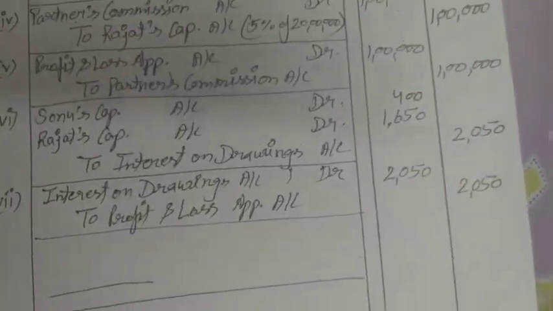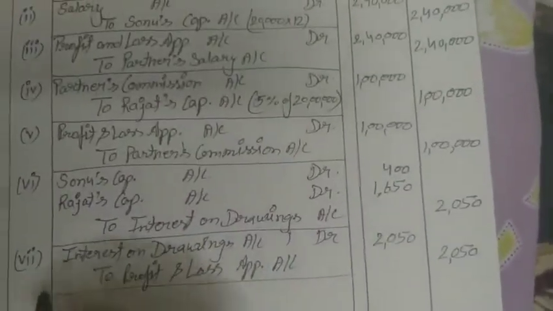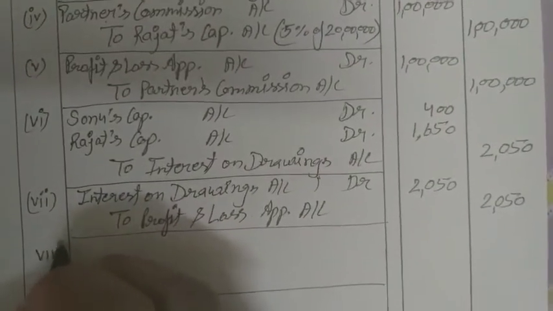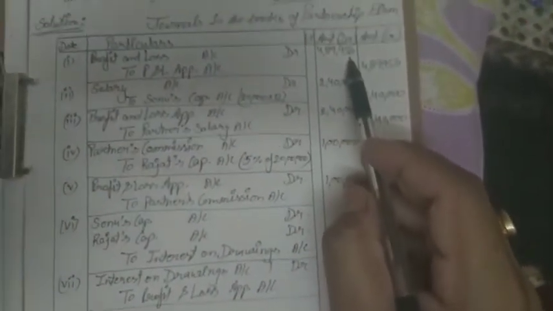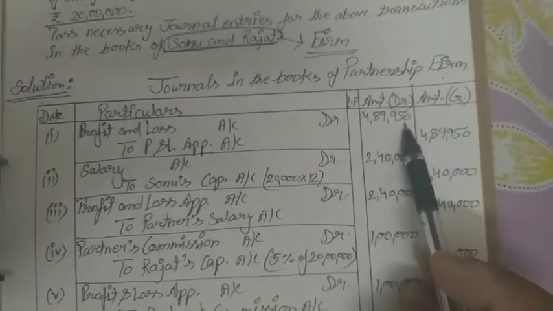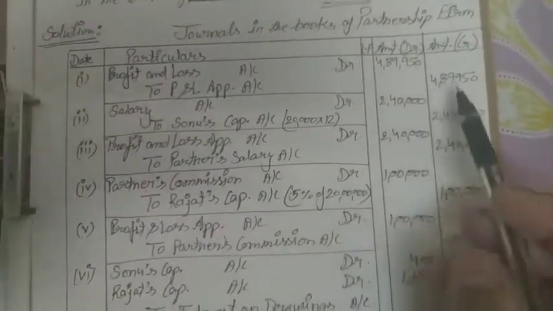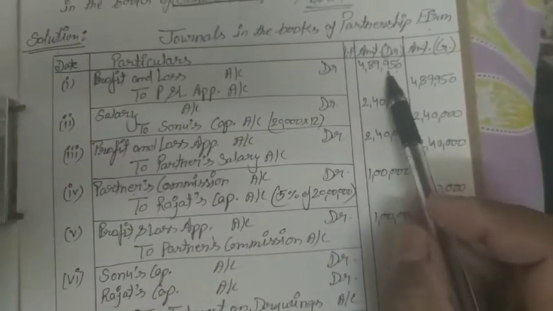So now the journal entry will pass according to the profit and loss appropriation account. So there is a profit of 4,89,950. So obviously profit will be there because not too many expenses are related to this net profit.